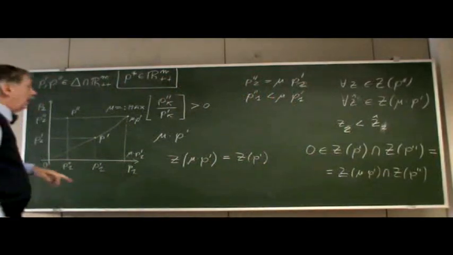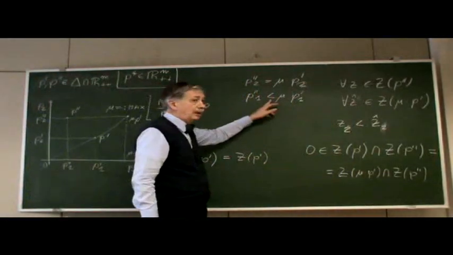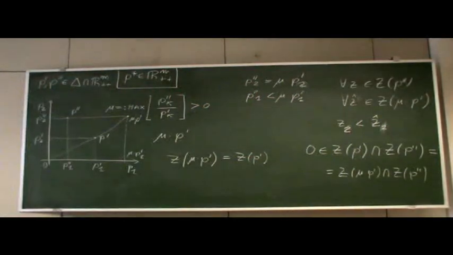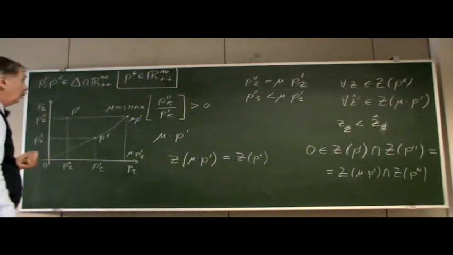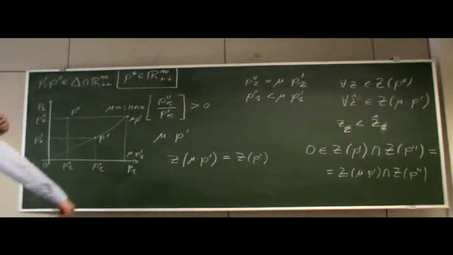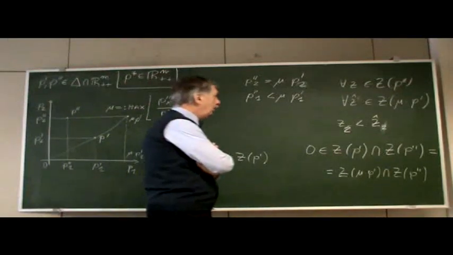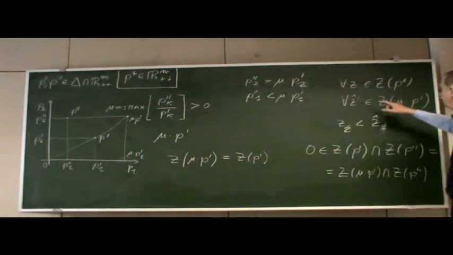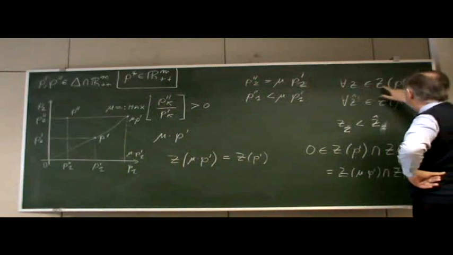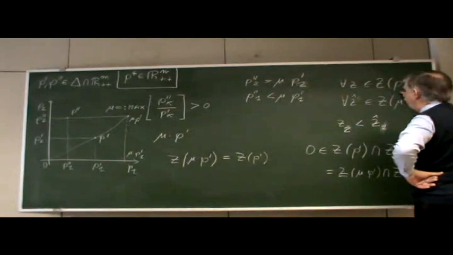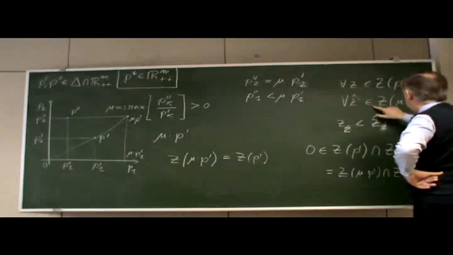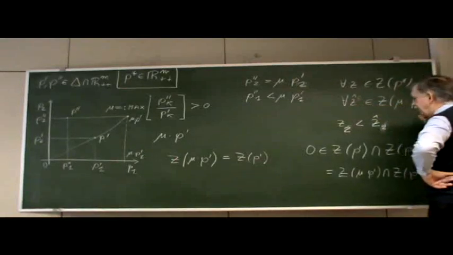For some other good, you are surely in an inequality, otherwise our two price systems would coincide. Now, let us apply gross substitutability. Take any excess demand vector z in z of P double prime, any excess demand vector z cap in z of mu times P prime.